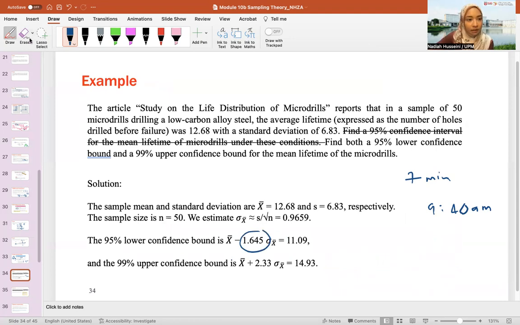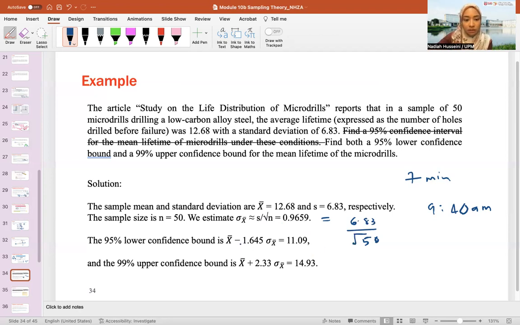For the standard deviation of the sample mean, they already give the equation. S is 6.83, our sample size is 50. So this gives 0.9659. Let me double check: 6.83 divided by square root of 50, 0.9659. That is correct.